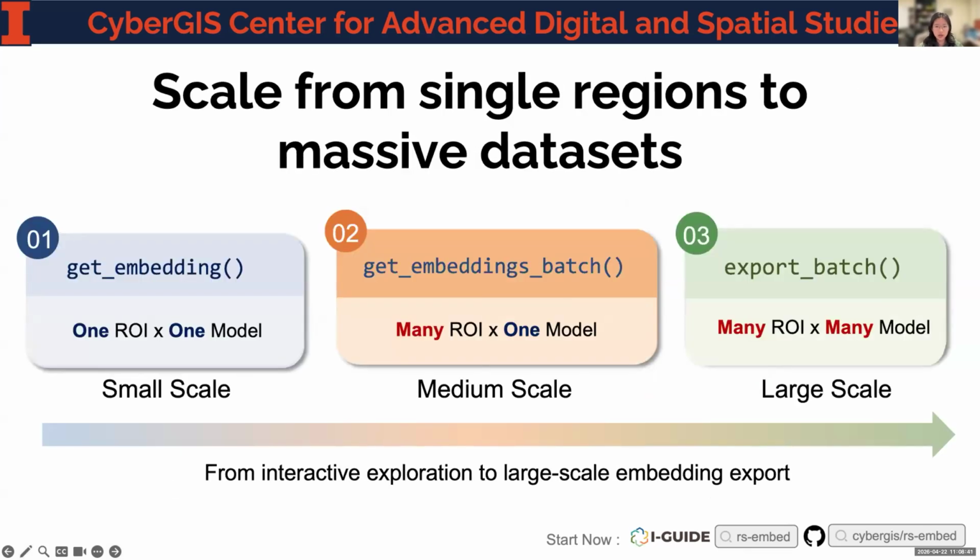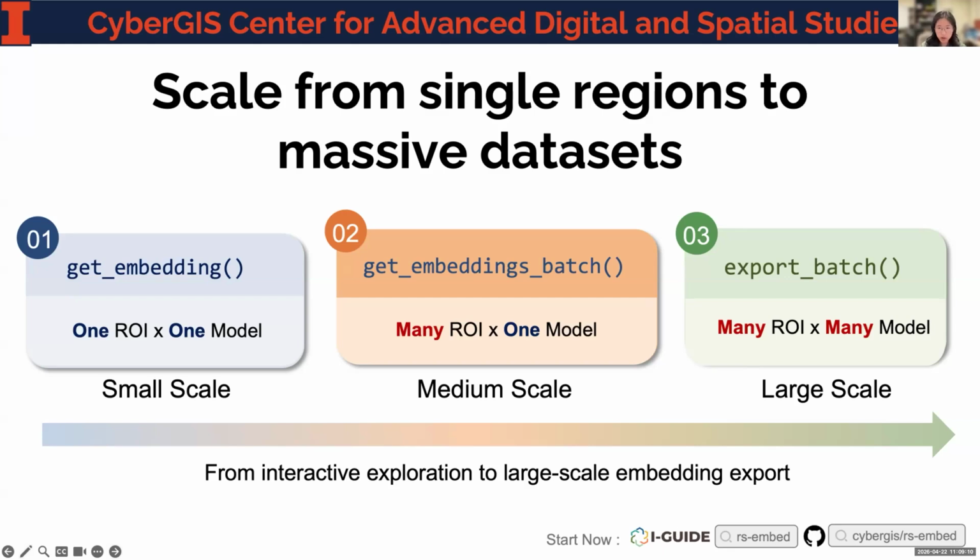Another design goal of rs-embed is to scale smoothly from small experiments to large studies. At the smallest scale, users may want one region with one model. At the medium scale, they may want many regions with one model. And at the large scale, they may want a region across many models, with a batch export for downstream analysis.